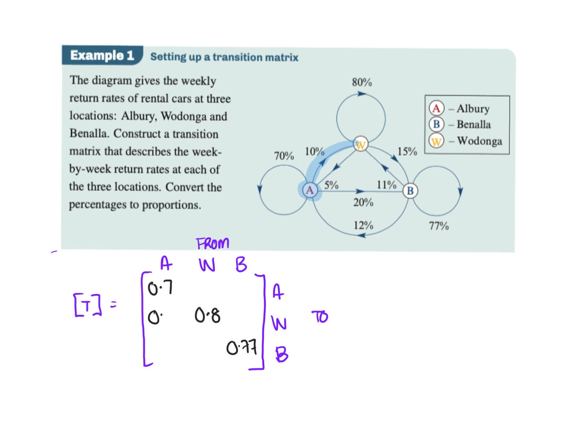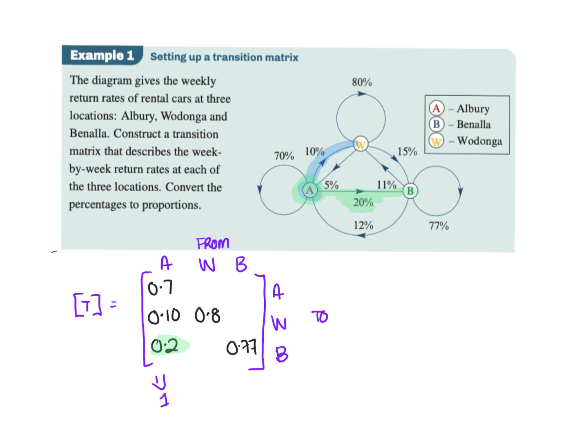So Albury to Wodonga is 0.1. Because I'm already at 0.8, what should Albury to Benalla add up to? 0.2. So let's double check that. I'll highlight that in green. From Albury to Benalla, can you see? It was 20%. So you know you've done that right.